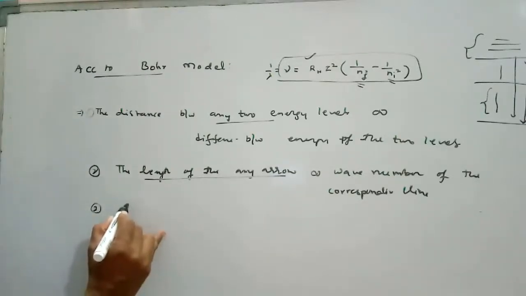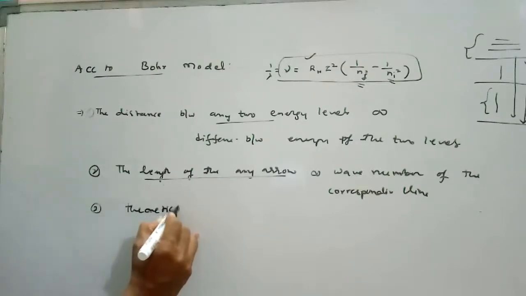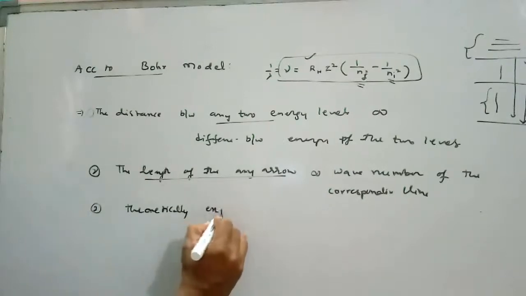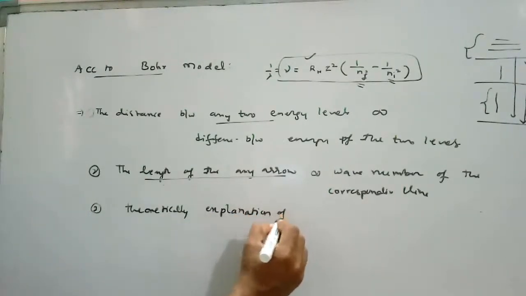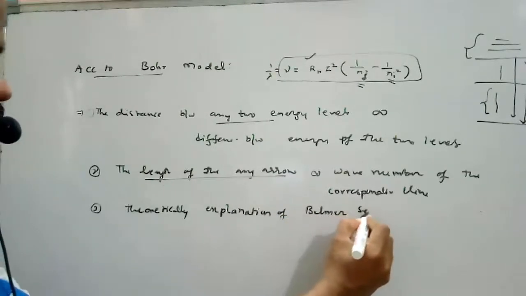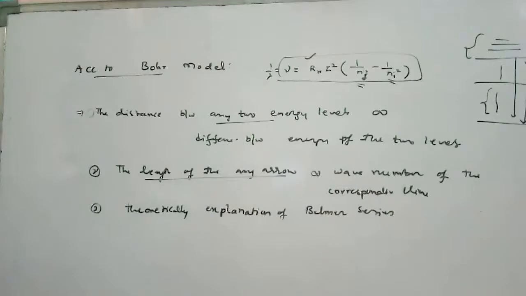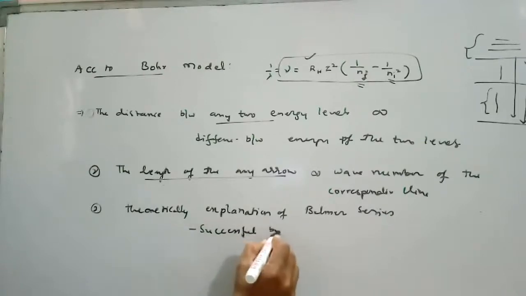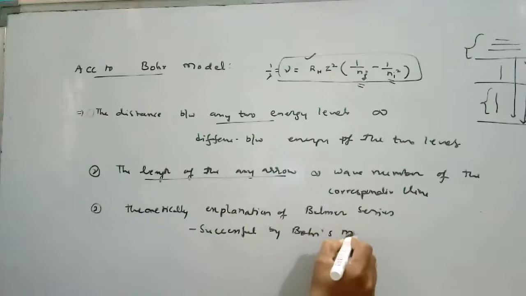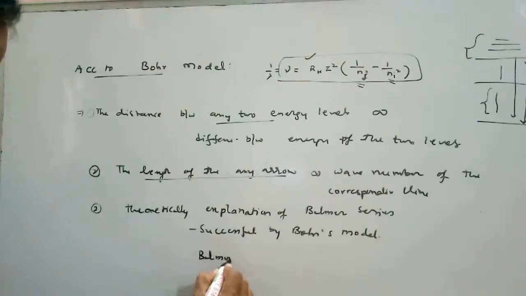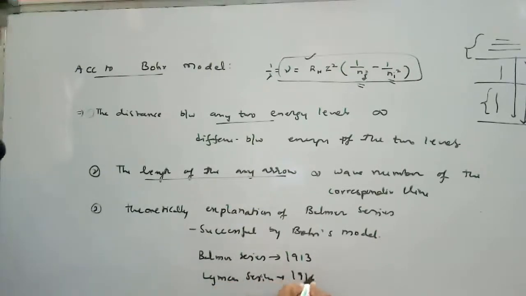One more point is there here. See, theoretically, the explanation of Balmer series was successful by Bohr model. Balmer series was successfully explained in 1913. Then Lyman series explained in 1916.